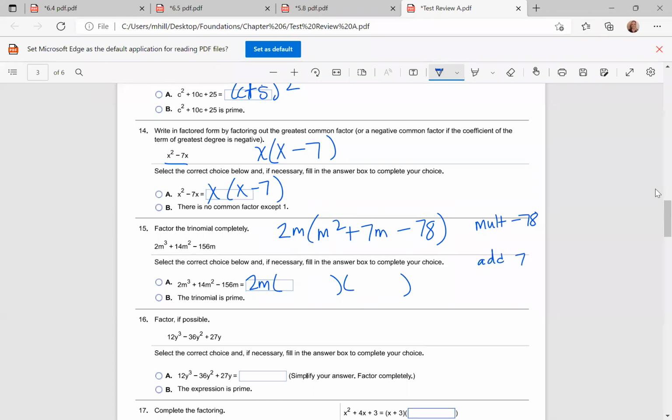Okay. This is probably one that I would go to my calculator and do, and let y1 equal negative 78 divided by x and y2 equal negative 78 divided by x plus x, and then look for 7 in my table. So I'm going to do that real quick just to remind you and go to my calculator and show you how to do that.